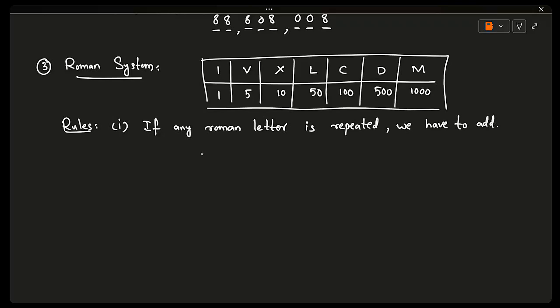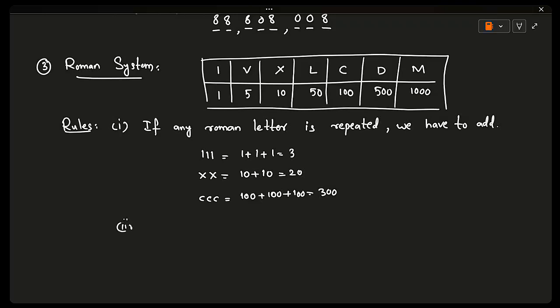So, for example, I have I. The Roman letter is repeated, so we can write 1 plus 1 plus 1 is going to be 3. For example, if X is repeated, XX, we can write 10 plus 10 is 20. Suppose you have CCC, 100 plus 100 plus 100. We are going to add and we are getting 300. That means if any Roman letter is repeated, we have to add. That is the first rule.